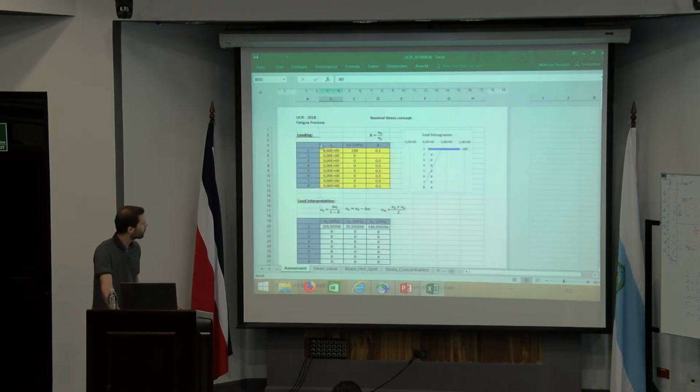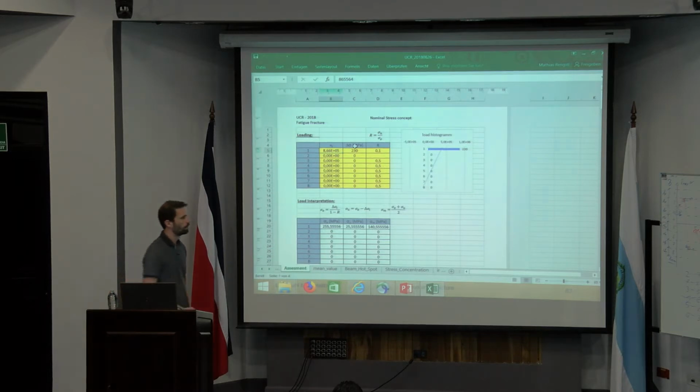So again, we can go there, and we know now, okay, we have for 100 MPa, 200 cycles with 100 MPa. We have then an R value of 0.5. Then we have here the 80 MPa again.